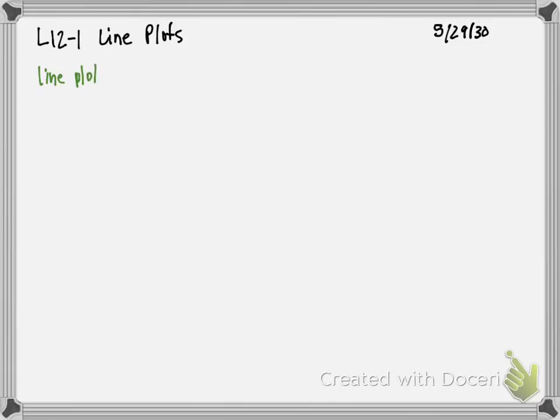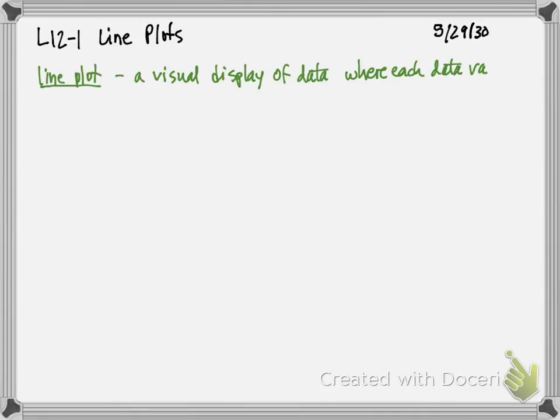So a line plot is a visual display of data where each data value is shown as a dot or an X above a number line.